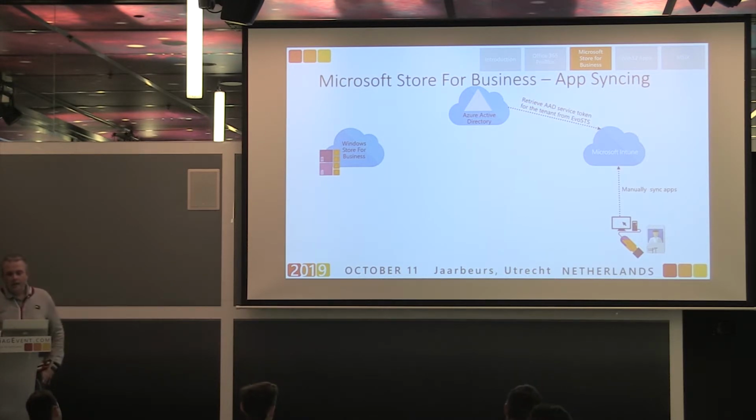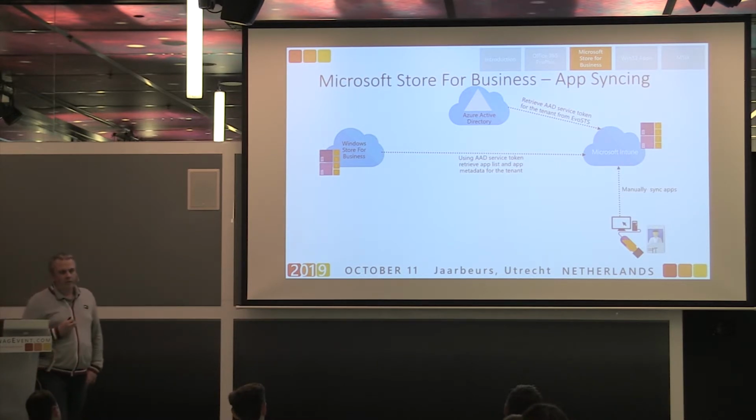In this case, we retrieve the AD service tokens from the tenant to see if everything is all right, and we synchronize the data from the Windows Store for Business to Microsoft Intune and retrieve all the apps and the app IDs from the Microsoft Store for Business and create them in Intune, so we are able to deploy them.